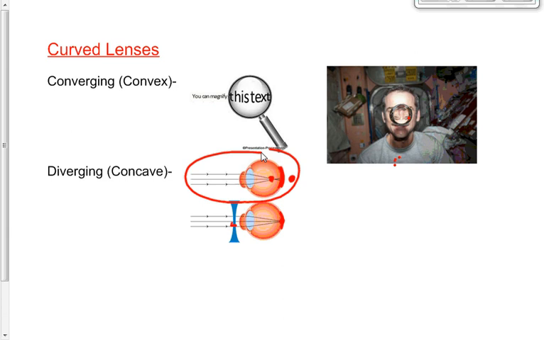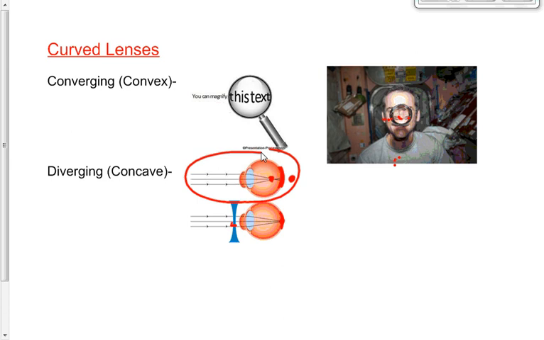Just like with mirrors, we can see different images depending upon where the object is relative to the mirror, or to the lens in this case. This is a convex lens. The image that we see of Commander Hadfield's face behind this lens is going to be different depending upon where he is. If he backs up from this water droplet, he's going to appear different than if he's really close to it like he is right now. Does that make sense?